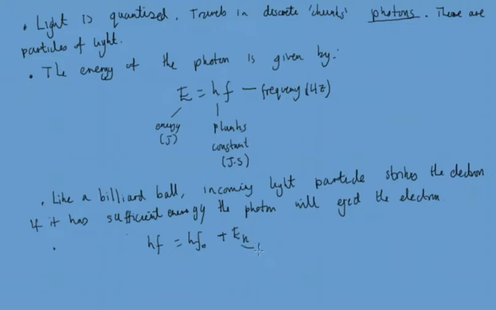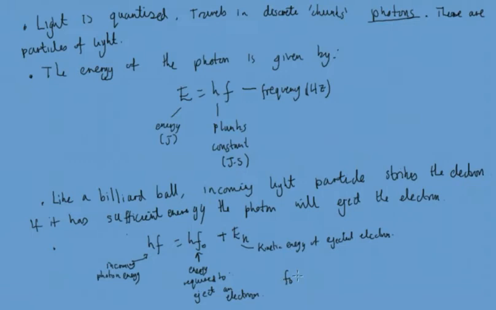The kinetic energy is the kinetic energy of the ejected electron. hf is the incoming photon energy, and hf0 is the energy required to eject an electron from a metal. f0 is the threshold frequency, obviously in hertz.